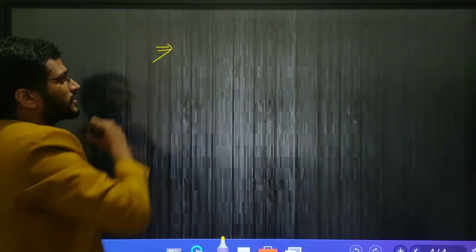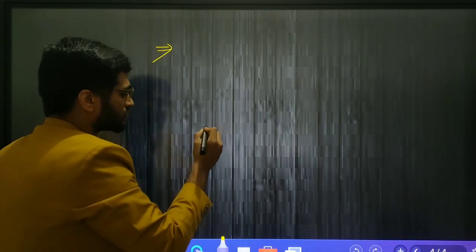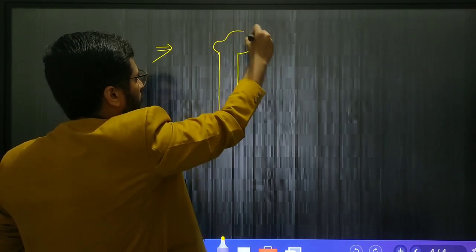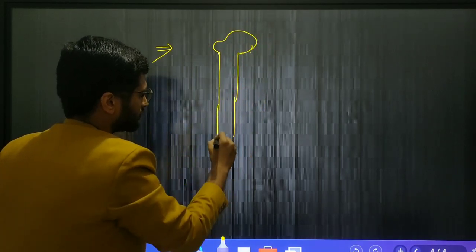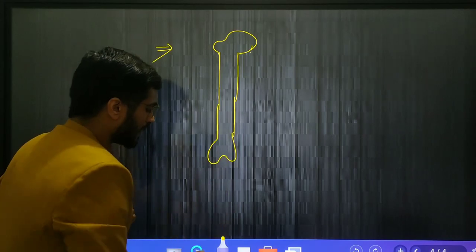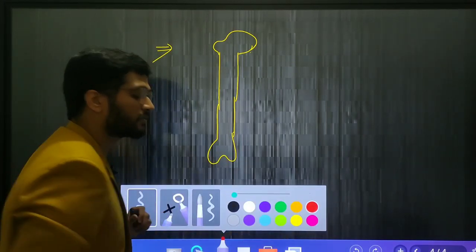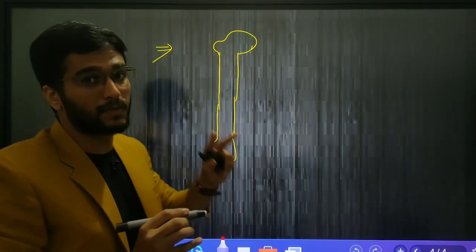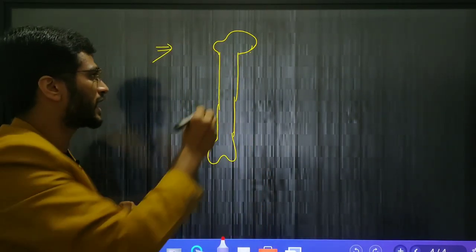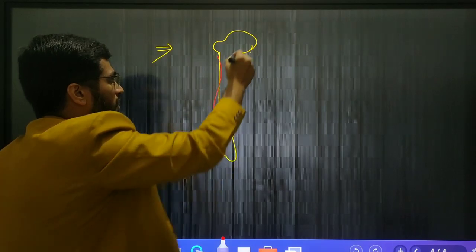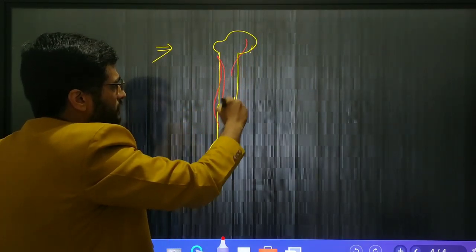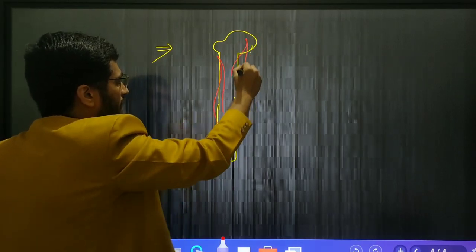So let's look at the structure of muscle. If this is the bone, and if we take the example of the biceps brachii, what happens here? Biceps brachii is a muscle that originates from two sides. One origin is from here and the second origin is from here. So both the fibers come like this.